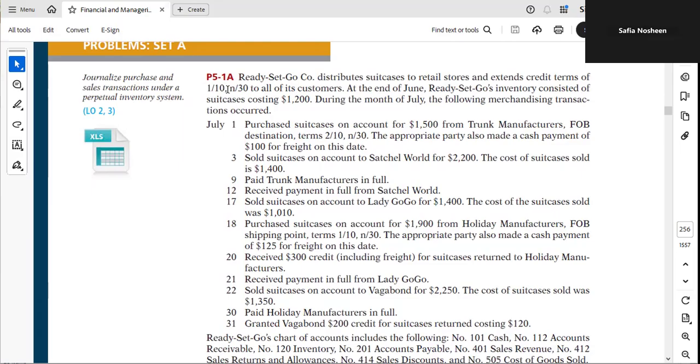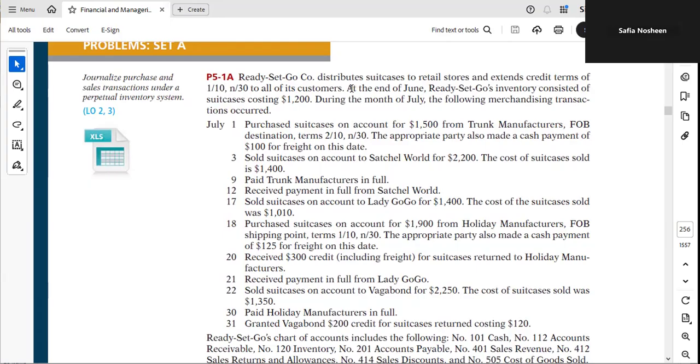Such credit terms are given to our customers in order to encourage them to make payments as early as possible. Here the company is giving 1/10, n/30 credit terms to all of its customers.